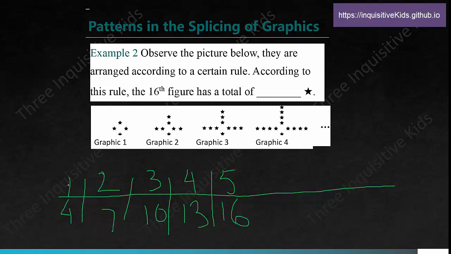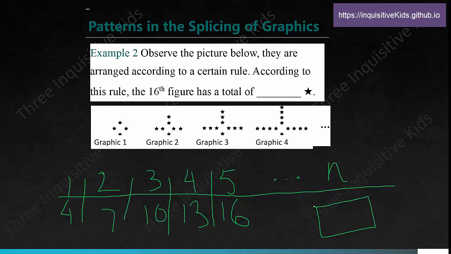So say this top number is equal to n. Then what will this bottom number be? We want to figure out the pattern. So 1 is 4, 2 is 7, 3 is 10, and we want to get to the nth graphic.